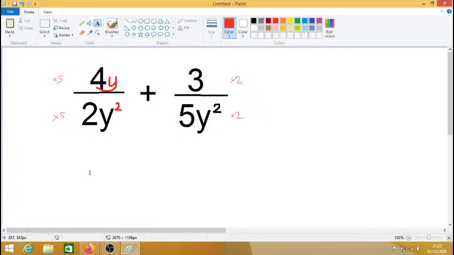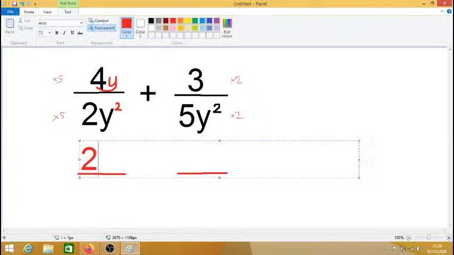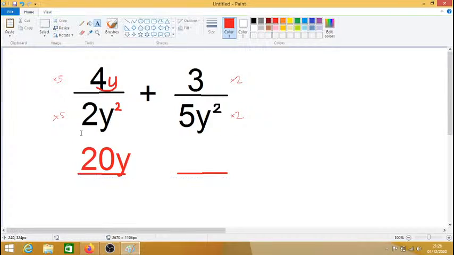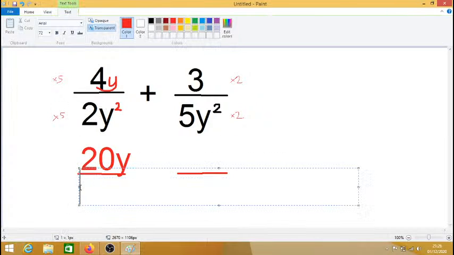I'm timesing by 5, so on the top of my new fraction, I'll have 20y. On the bottom, I'll have 2 times 5 is 10, 10y squared.